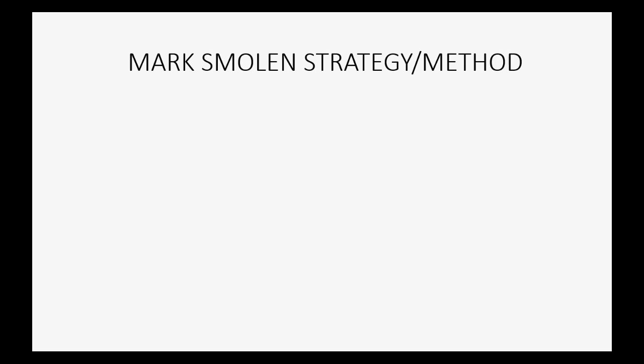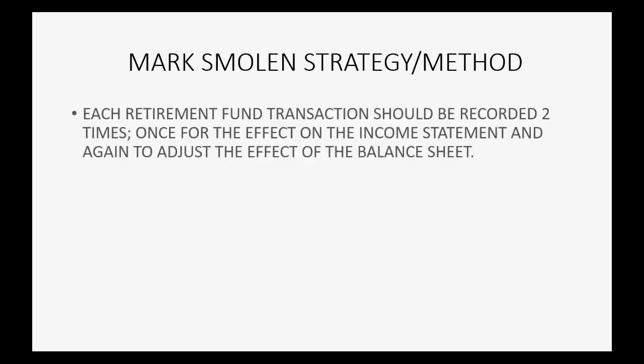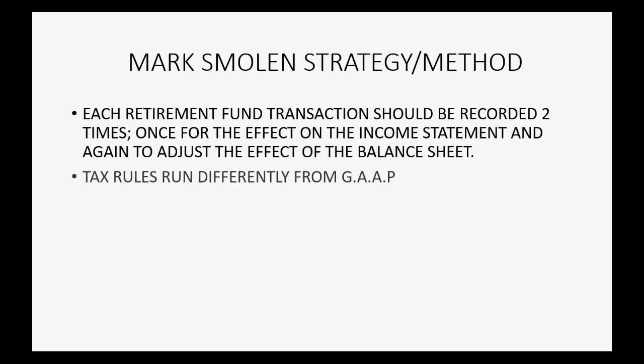And I have created a procedure, you could call it the Mark-Smolin method or Mark-Smolin strategy of recording retirement fund related transactions. Each retirement fund transaction should be recorded 2 times. Once for the effect on the income statement and again to adjust the effect on the balance sheet.